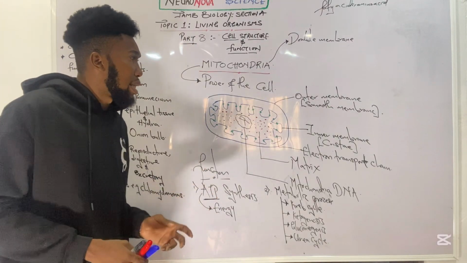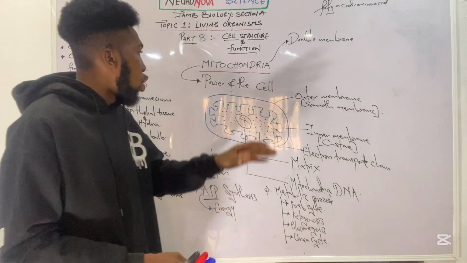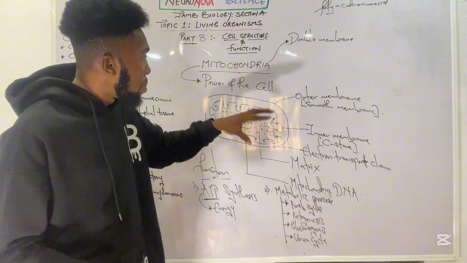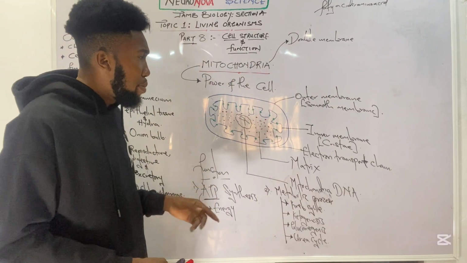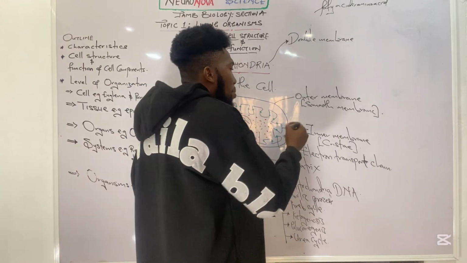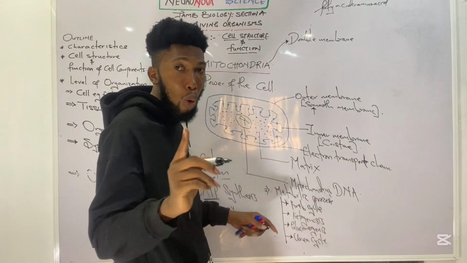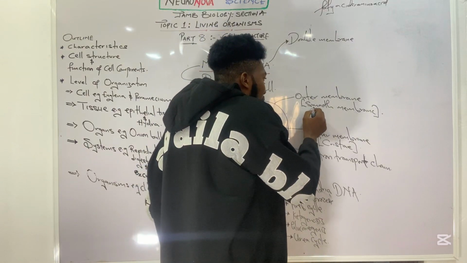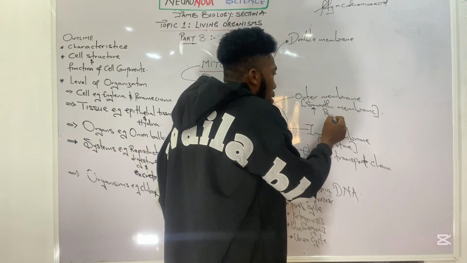So that's for the mitochondria. It's very simple, very direct. All you need to remember is you have two membranes. One is the outer membrane, the other one is the inner membrane, called the cristae. And again, the outer membrane has very high permeability. Yes, this is a question they can ask you in JAMB OBJ. This outer membrane, the smooth membrane, has high permeability.